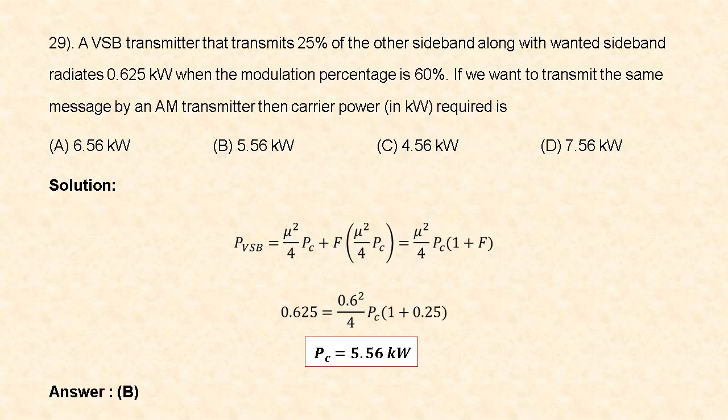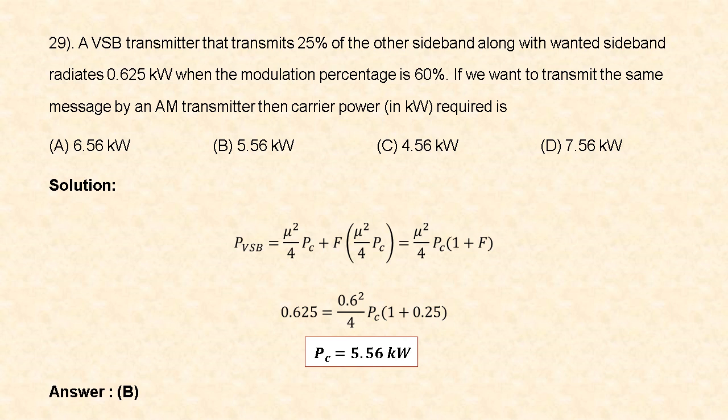Next question, a VSB transmitter, that is vestigial sideband transmitter, that transmits 25% of the other sideband along with 1/3 sideband radiates 0.625 kilowatt when the modulation percentage is 60%. If we want to transmit the same message by an AM transmitter, then carrier power in kilowatt required is.